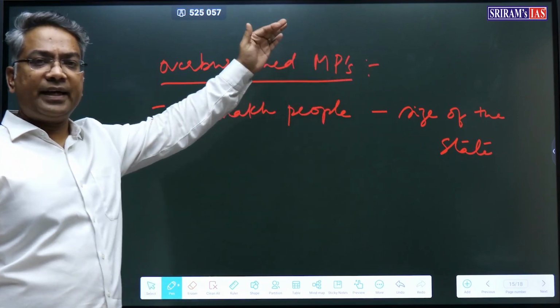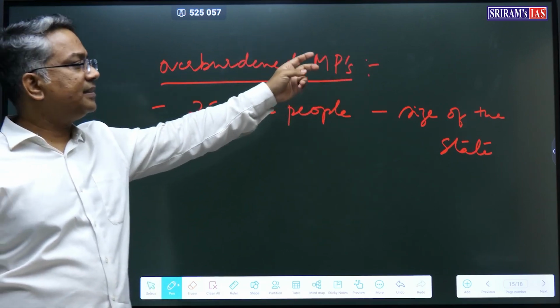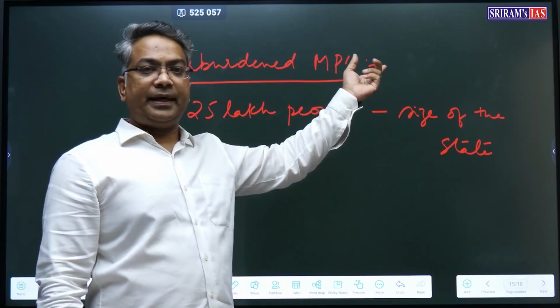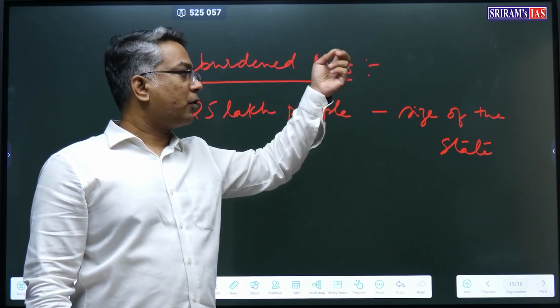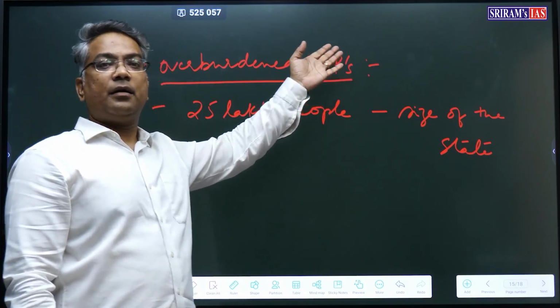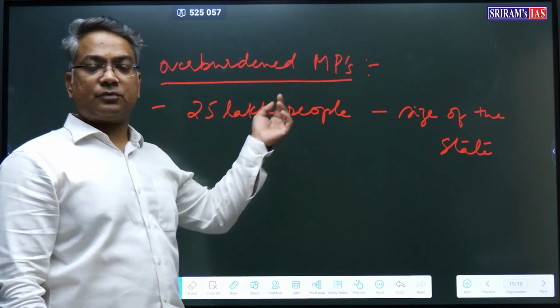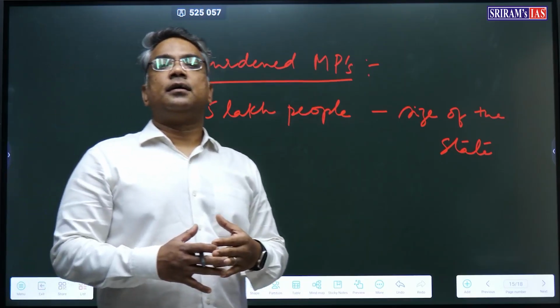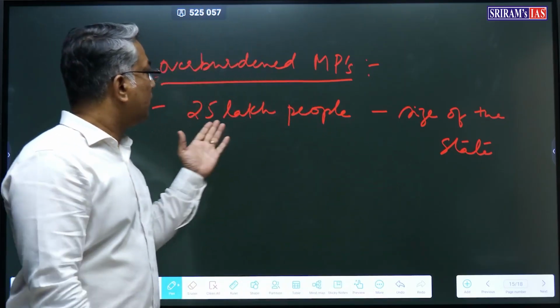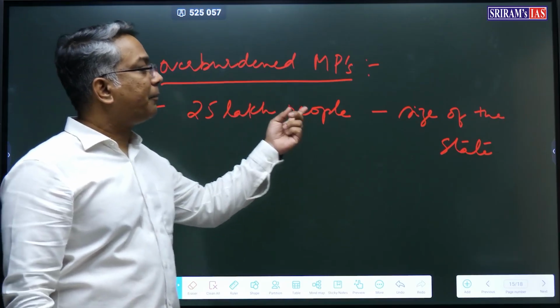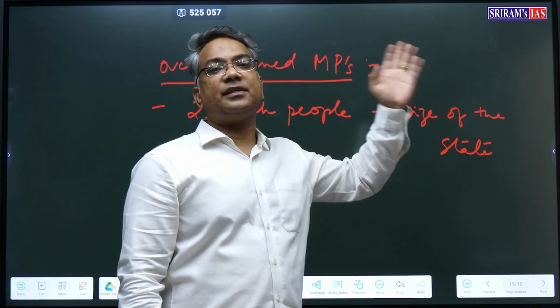Because of the increase in population and the freeze in the year 2000, the number of people per constituency represented by an MP has been increasing. So each MP is now representing around 25 lakh people, depending upon the size of the state.